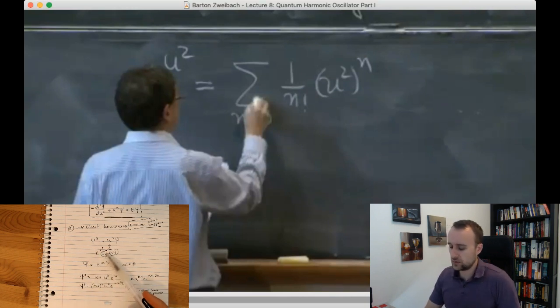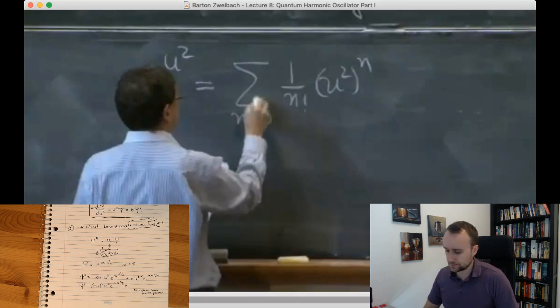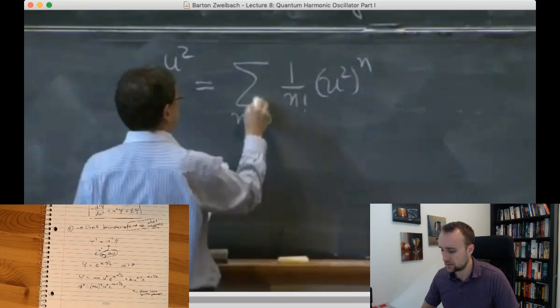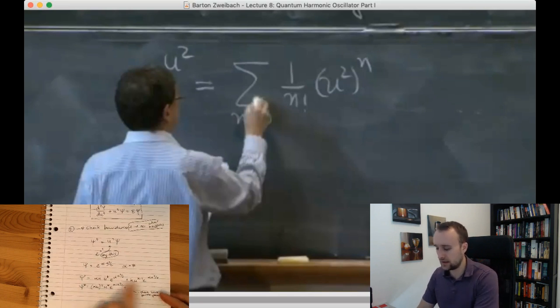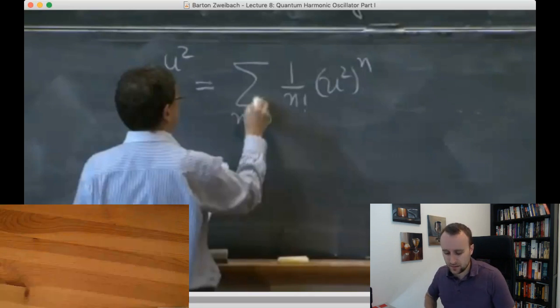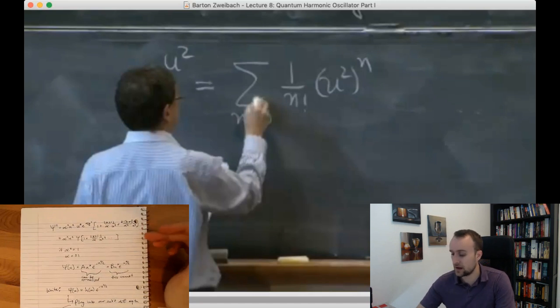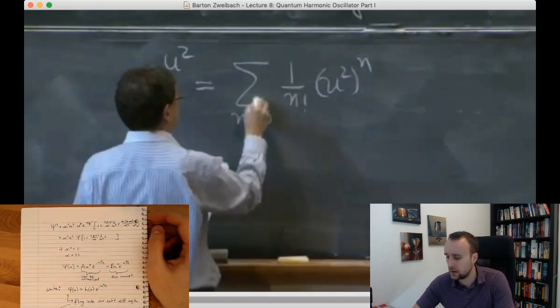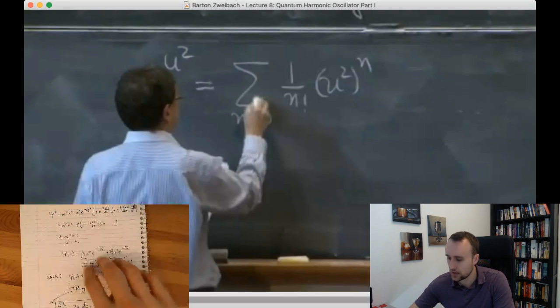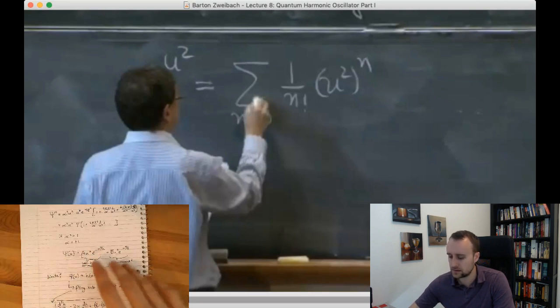Now, what kind of equation would lead to this? Well, he suggests that e to the power of u squared is not a bad starting point. So we try this out, plug it into some places here, and get some behavior. There's a lot of stuff that I'm not even 100% following right now, but we are plugging in a bunch of these second derivatives, trying to figure out what this psi of u would be.